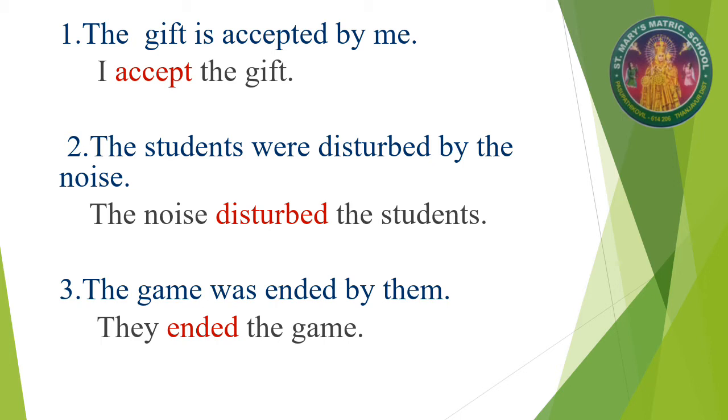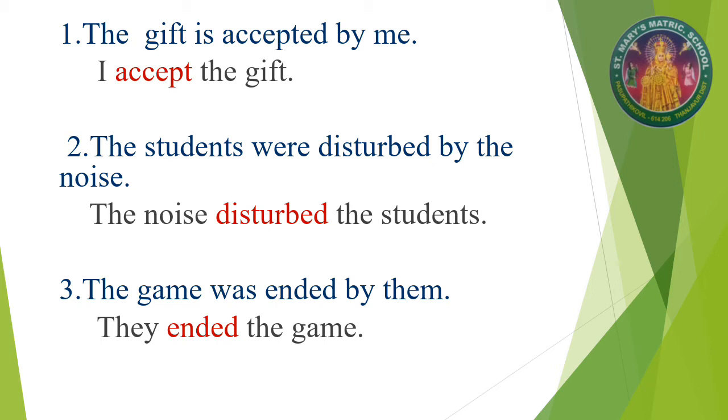If it is a pronoun, you have to change it. Them and they are both pronouns. You have to remove the auxiliary was; it is a singular past tense because the game is singular. Remove the auxiliary and write the verb form as it is, ended. They ended the game. It is a plain noun, so they ended the game.